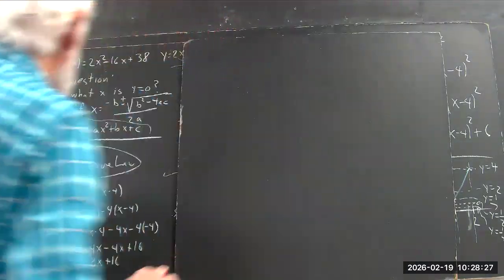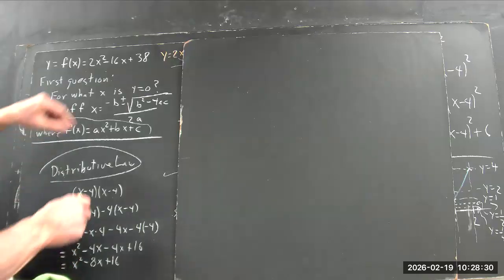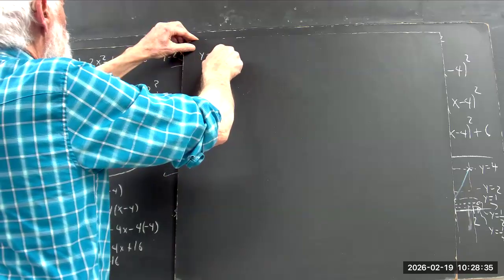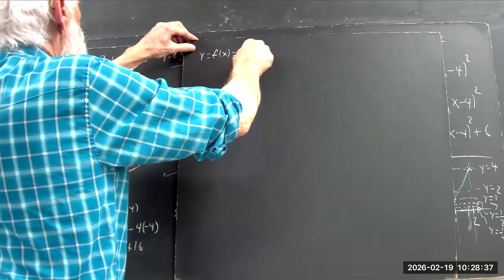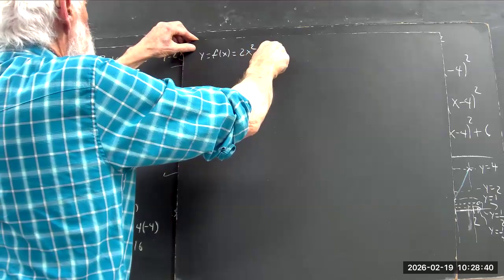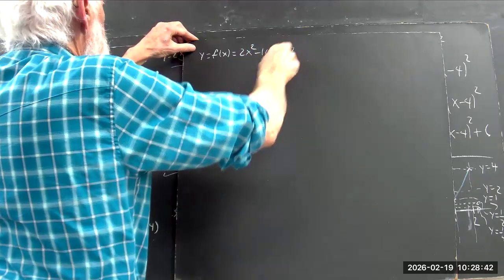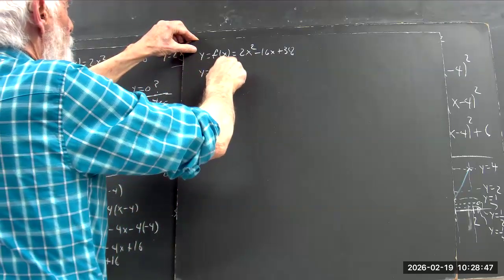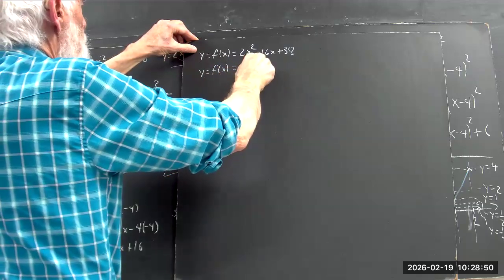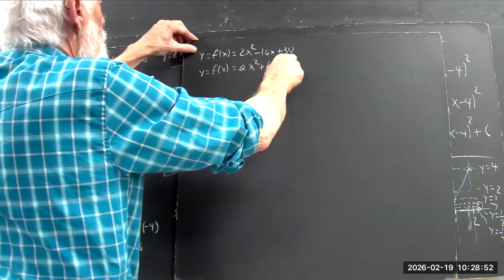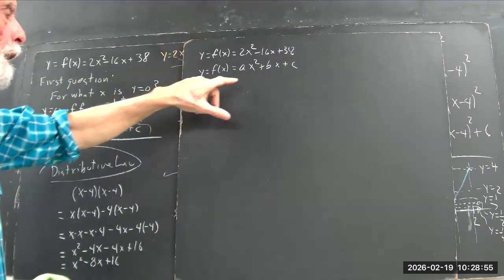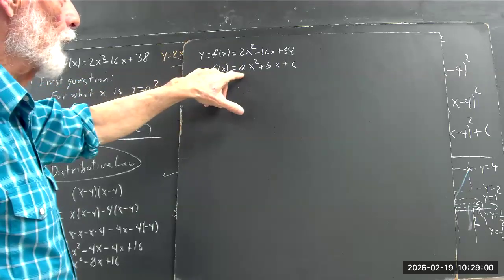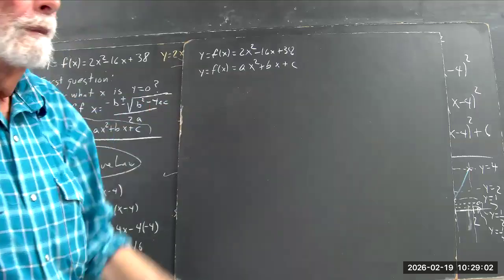Well, let's go back to our function. Y equals f of x is 2x squared minus 16x plus 38. And the general form of this function is y equals f of x equals ax squared plus bx plus c.